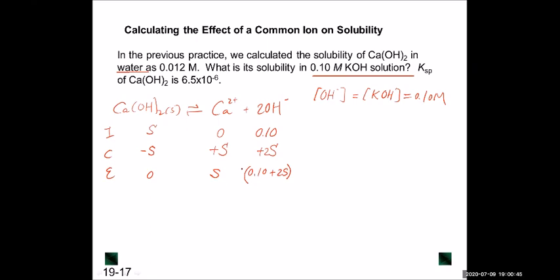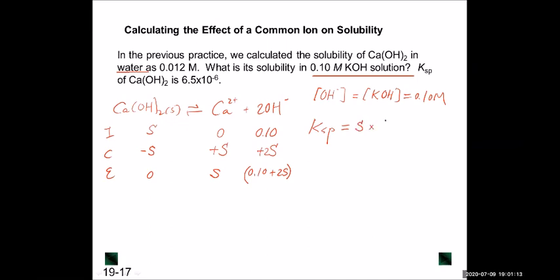And then we can set up the equation. This is the solution reaches saturation. When the solution reaches saturation, it becomes equilibrium. And that means the KSP should equal QSP, which equals the ion product expression calculated. The KSP should equal the calcium concentration, which is S, times the hydroxide.